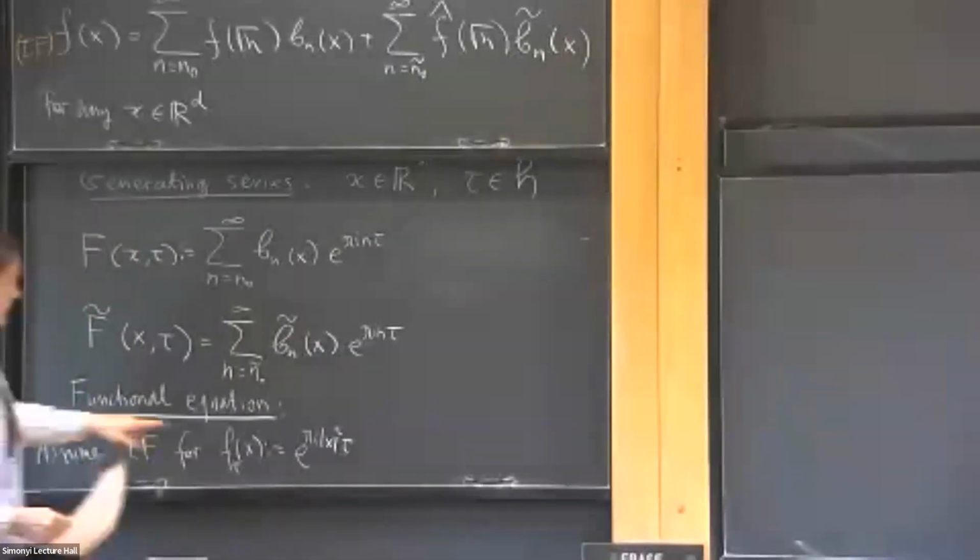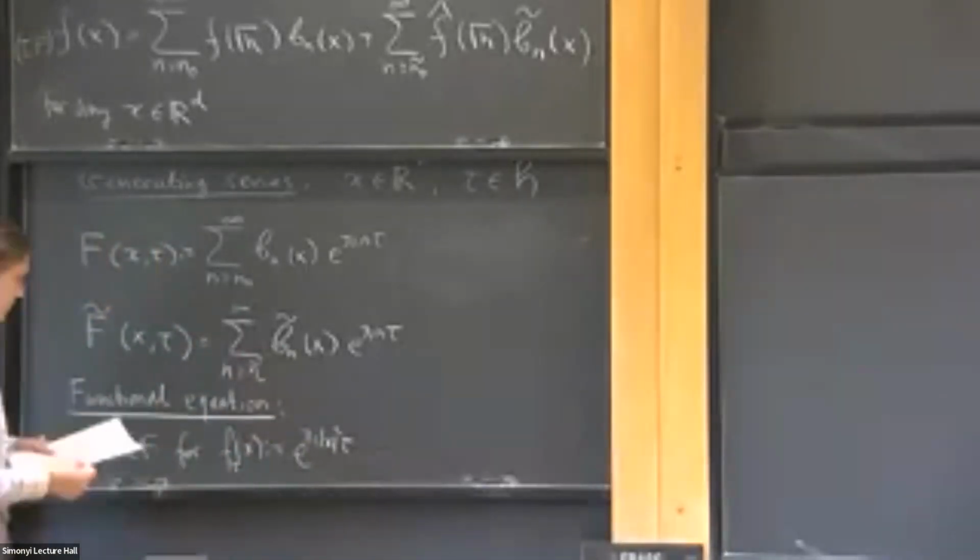If tau is in the upper half plane, then this is indeed a Schwartz function.